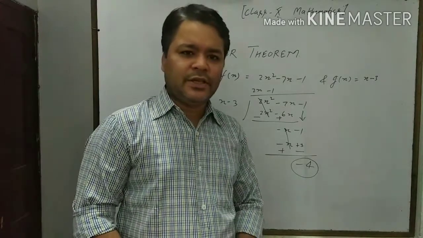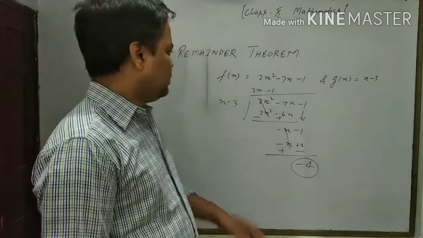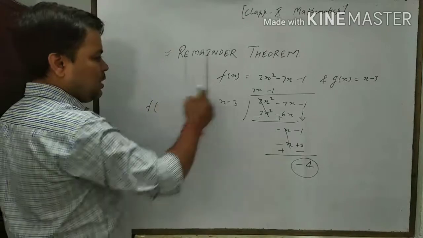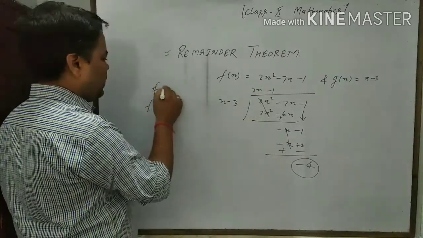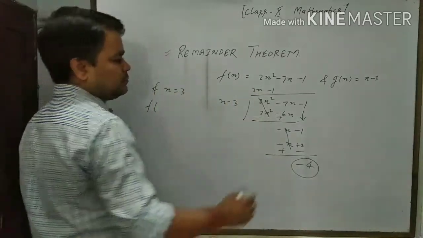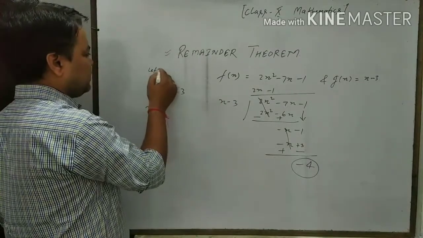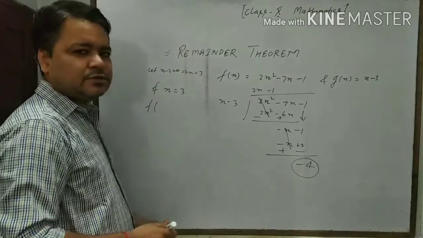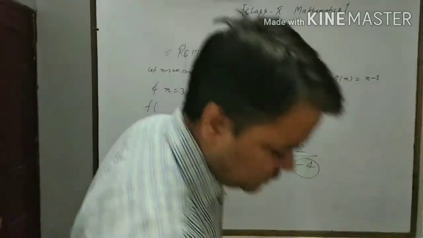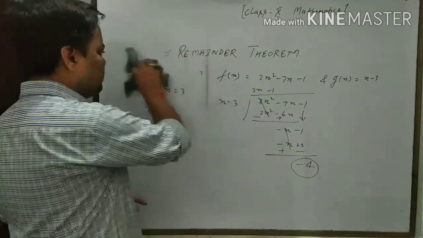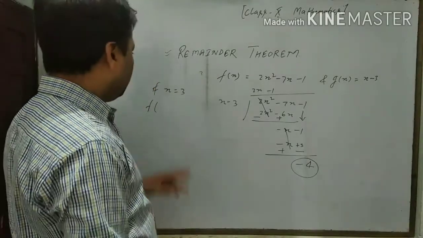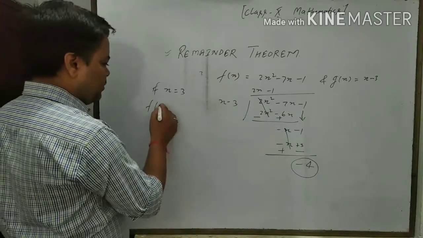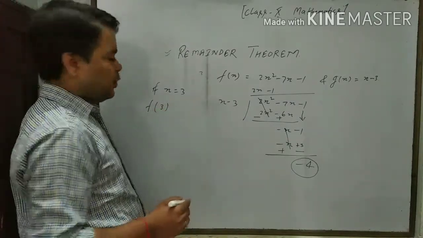Now let us see the value of the polynomial f(x) when x is equal to 3. Let x minus 3 be equal to 0, so x is equal to 3. Simply we write it in this form: the value of the polynomial at x equal to 3 is f(3).